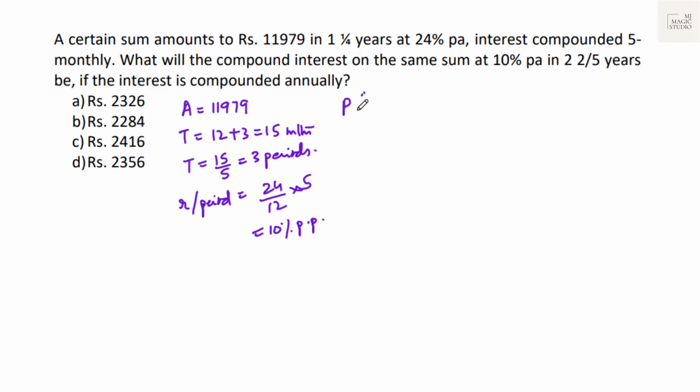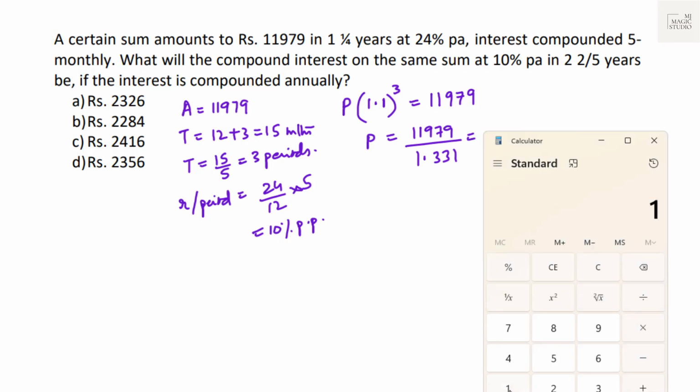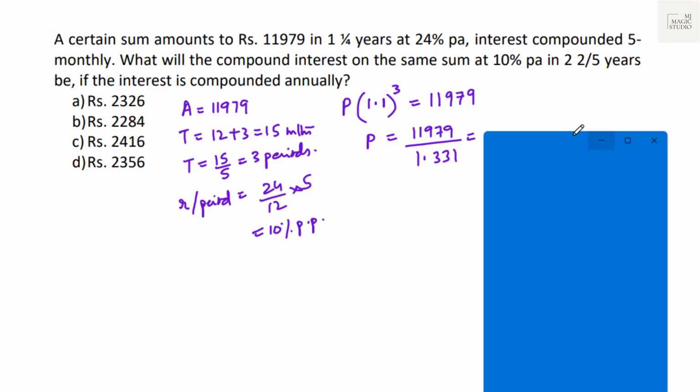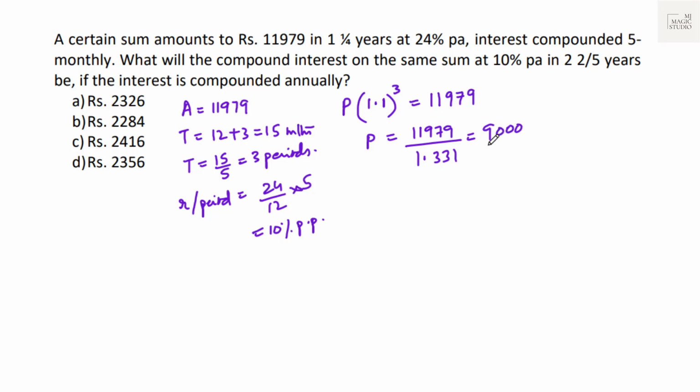So if the sum invested is P into 1.1 for 3 periods, this equals 11979. So principal is 11979 divided by 1.1 to the power 3, that is 1.331. The value we will get is 11979 divided by 1.331, which is 9000.